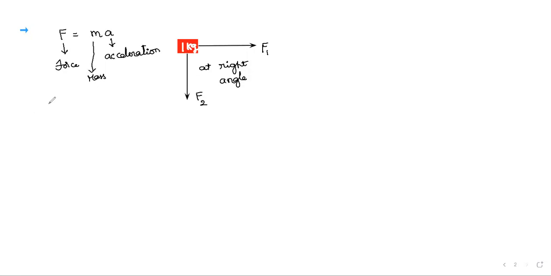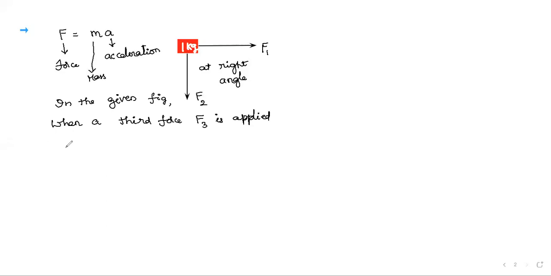Here, in the given figure, what he is writing is that when a third force F3 is applied, the body is at rest.